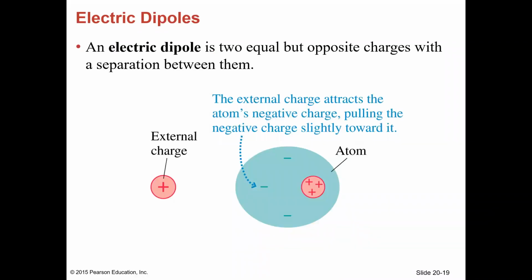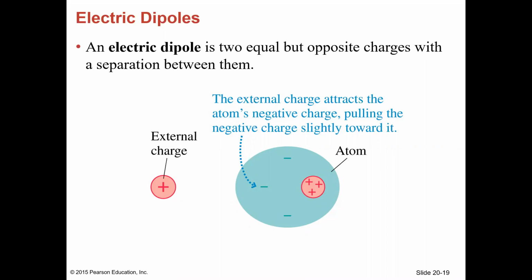So this is a very important term that you need for many fields like biology, chemistry, physics. Dipole. A dipole is a charge distribution that has two different charges of the same amount separated by a small distance.